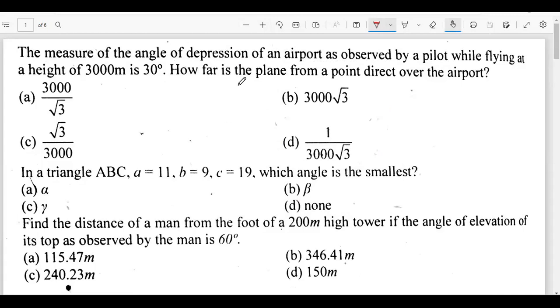How far is the plane from a point directly over the airport? This is what you need to calculate.